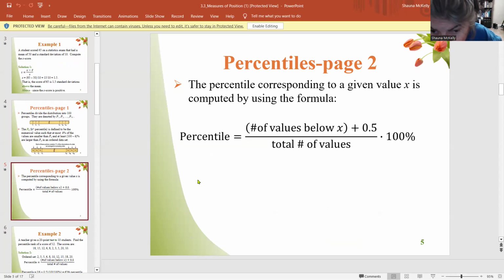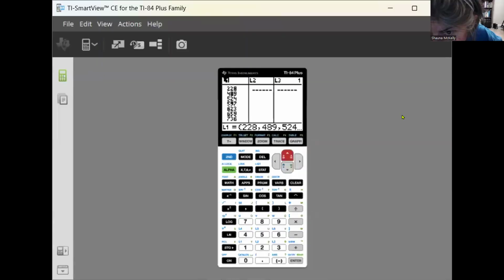Now, if you remember, let's go to the calculator here. We need a couple of things. I'm going to do the first value. So it's 228, okay? I need to know how many values are in the list. So if you count, there are 10 values in this list. I'm sorry, there are 9 values in this list.